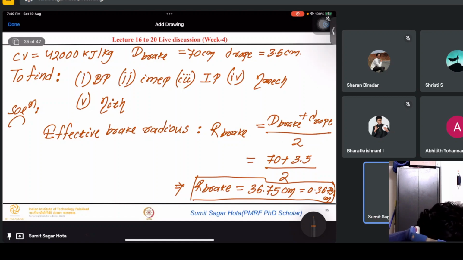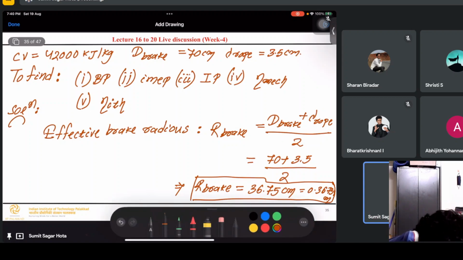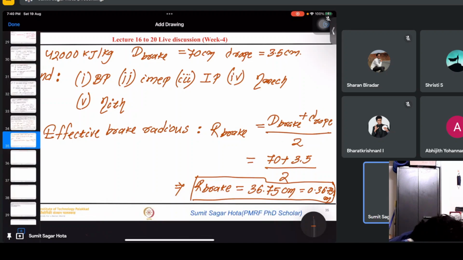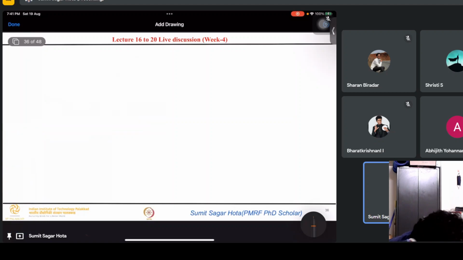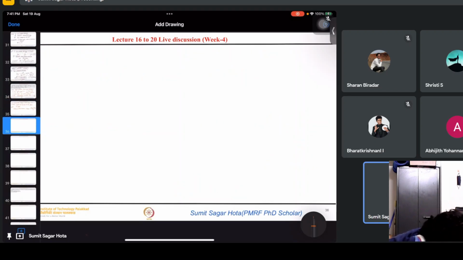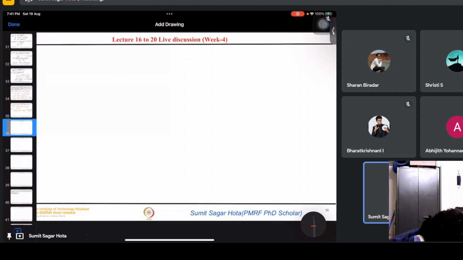So now you have the R brake. Now you can calculate the torque. What is the formula of torque?